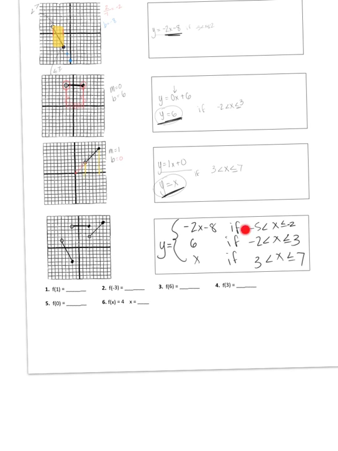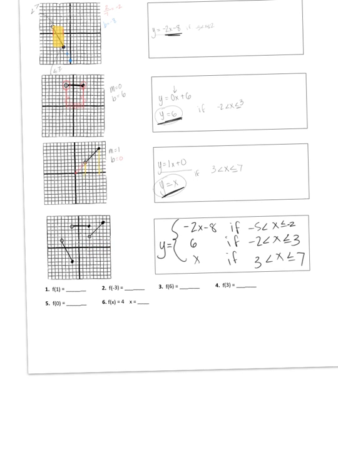So again, the way I filled this out was I literally just stole them from up above. In other words, the equation for this graph is this if my x is in this portion of the picture. The equation for the graph is 6 if the graph is in this portion of the picture. And the equation for the graph is this if the graph is in this portion of the picture between 3 and 7.